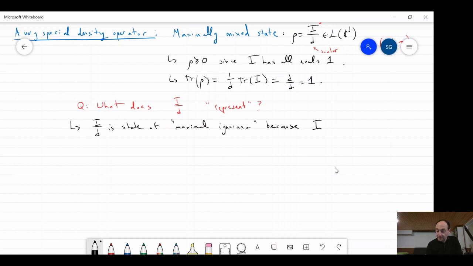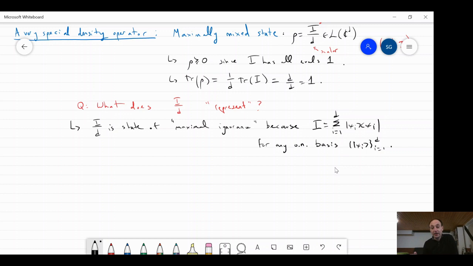Well, the identity, remember we said this earlier, has this very special property that you can diagonalize it in the standard basis, but actually you could diagonalize it in any basis whatsoever. So I can always take i equals 1 up to d, take your favorite basis, for any orthonormal basis psi i. It doesn't matter which one you want. The point is that the identity always diagonalizes in that basis.